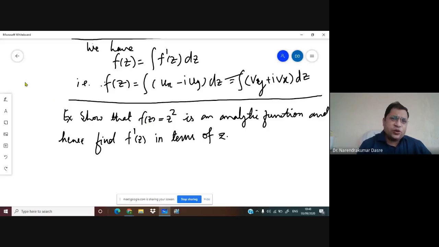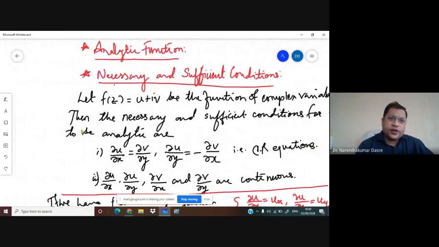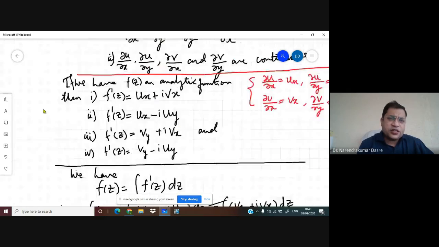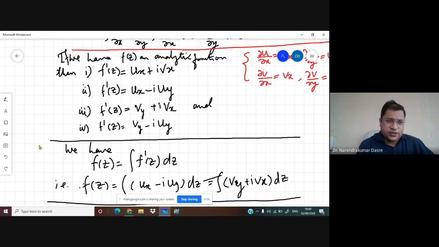To test whether this function is analytic or not, I need to know what u and v are. When we have u and v, only then are we able to test these conditions, and if they are satisfied, we say the function is analytic, and then we can find its derivative like this.